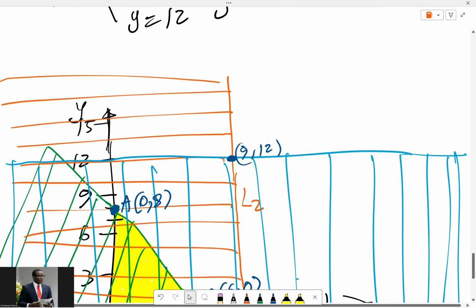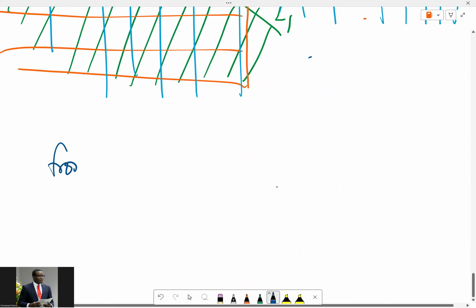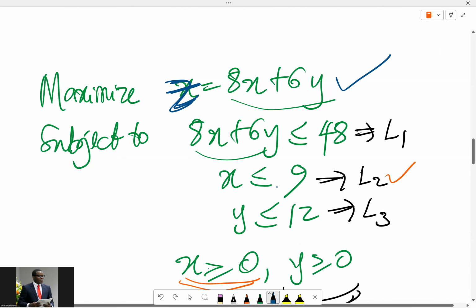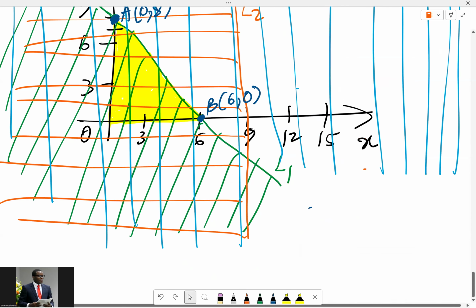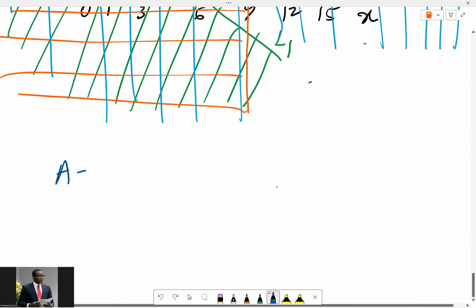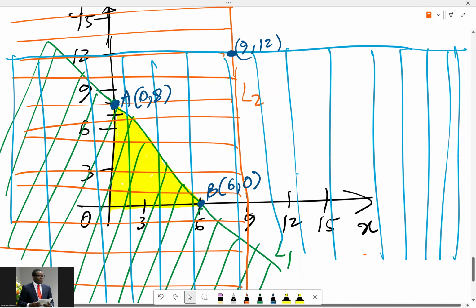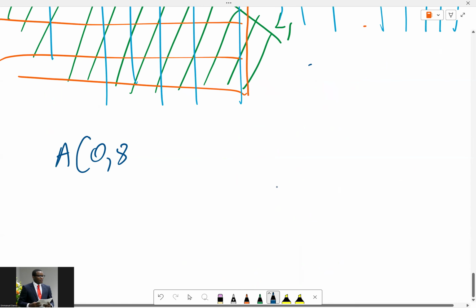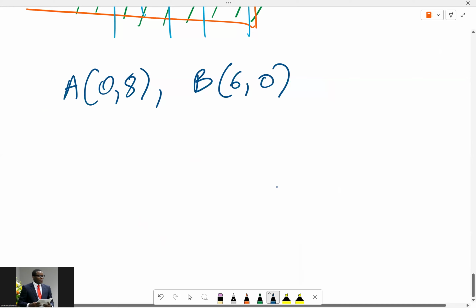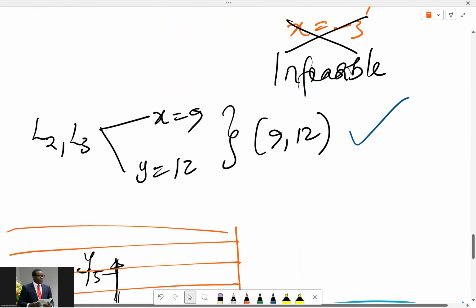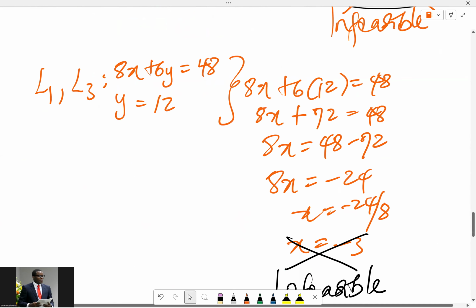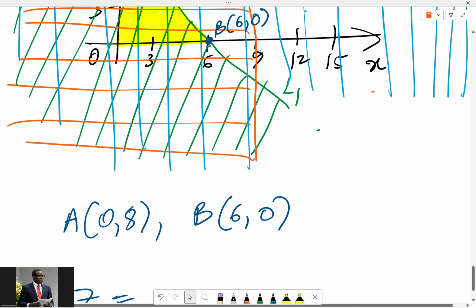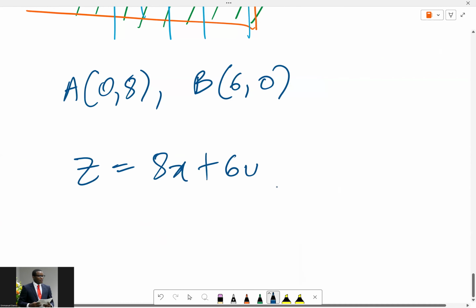Of course, the 2 corner points which fall within the region are A, which is (0, 8), and B, which is (6, 0). So we can now invoke the objective function, 8x plus 6y.